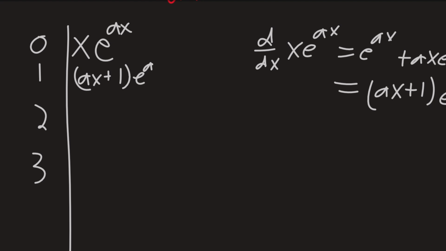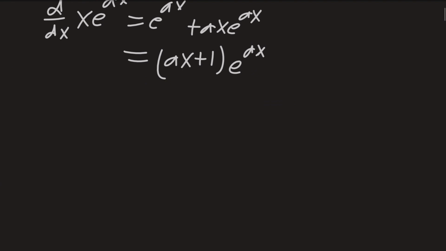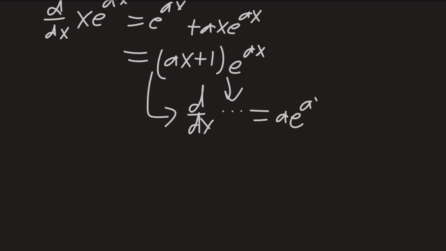Now let's find the second derivative, which we're just going to get by differentiating this. I'm writing dot dot dot because you get the point. We find the derivative of that, and what we get now, by product rule again, is a e to the ax plus ax plus 1 times a times e to the ax.